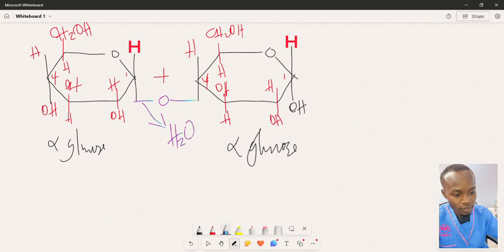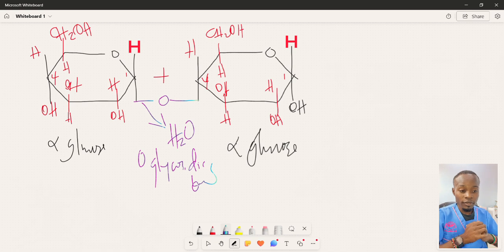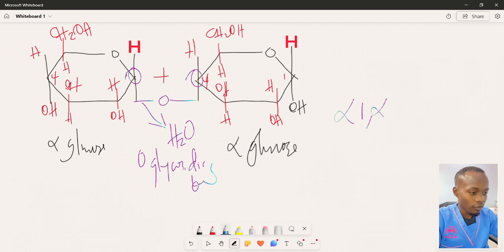So water has been released, and now we are having an O-glycosidic bond, but we have to mention the position of the carbons. This one is carbon number 1 and carbon number 4. So we are going to have an alpha 1, alpha 4 glycosidic bond.